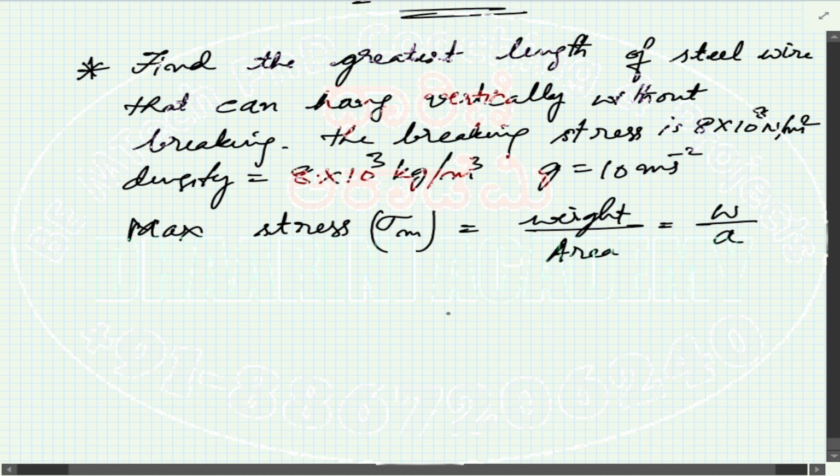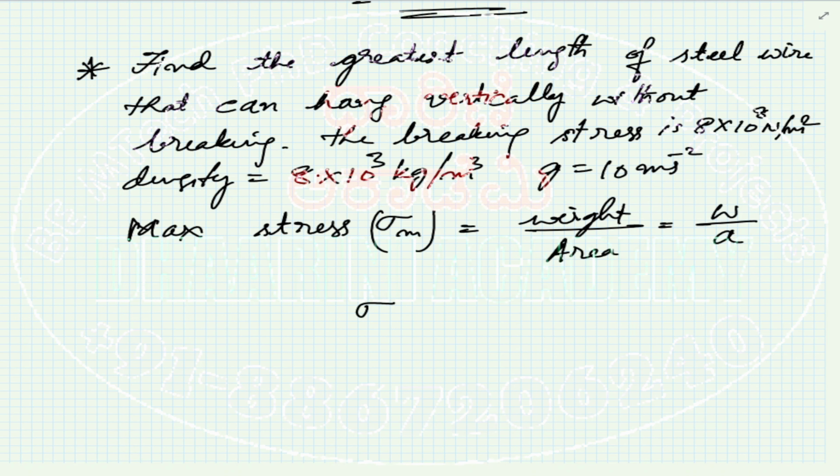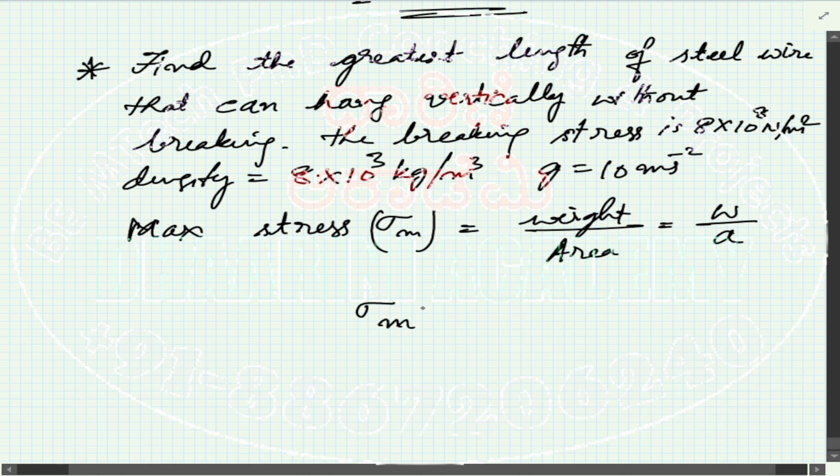So sigma m is equal to, how do I convert weight? Weight is mass into the gravity, m into g, but m is not given. There is a density given, so density into volume. I can do that.